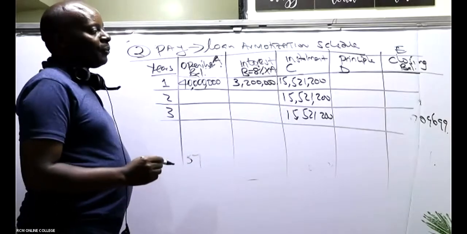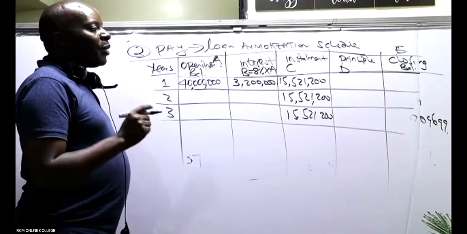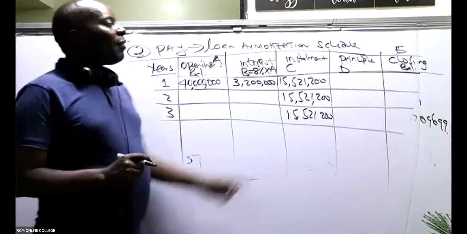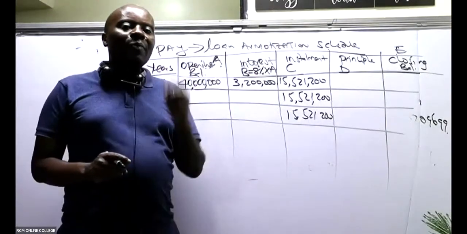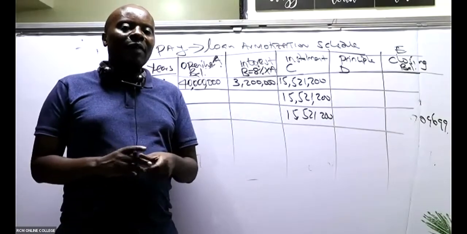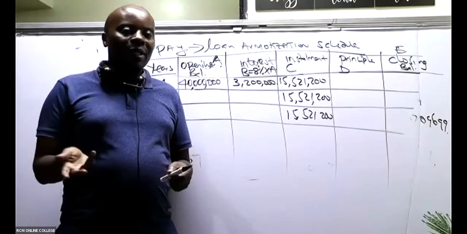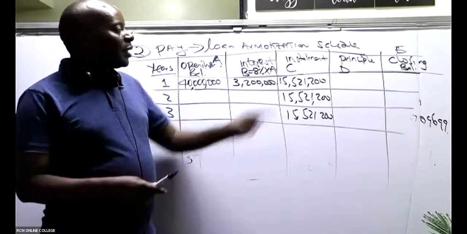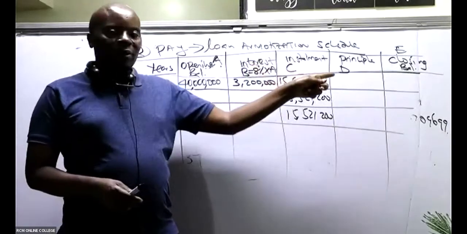Then, ladies and gentlemen, you are bright. You know that whenever we pay an installment, it covers two things: interest and principal. So basically, this installment is interest plus principal.